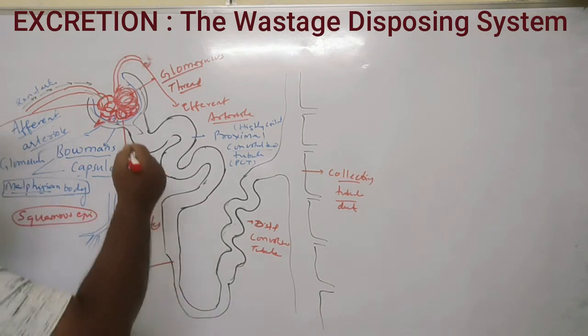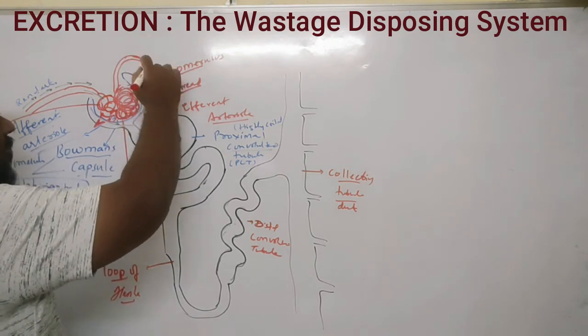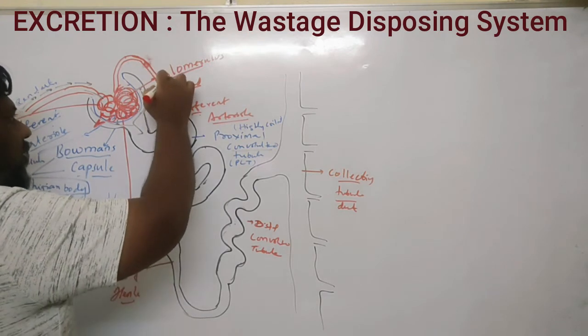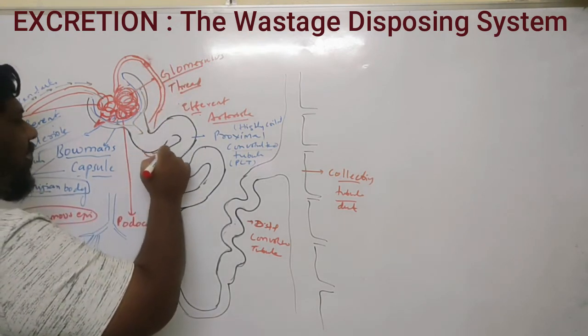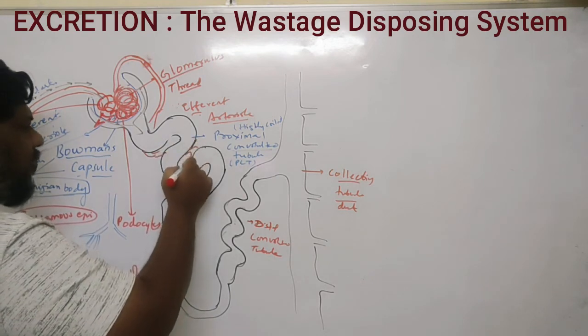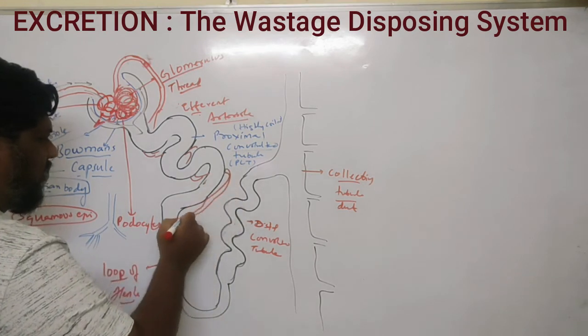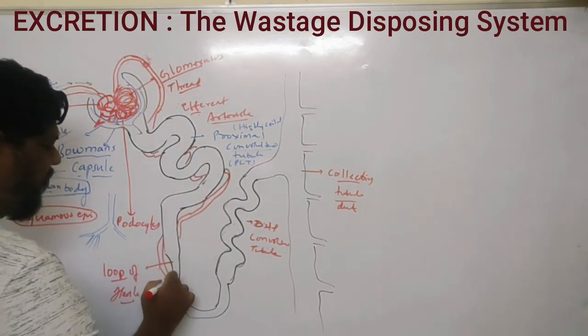Whatever is coming out here, that is the efferent arteriole. Now this one will go parallel along with this tube-like structure. That is the tubular portion of the nephron.